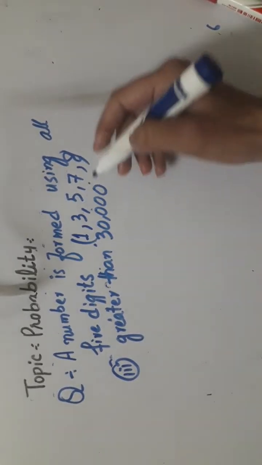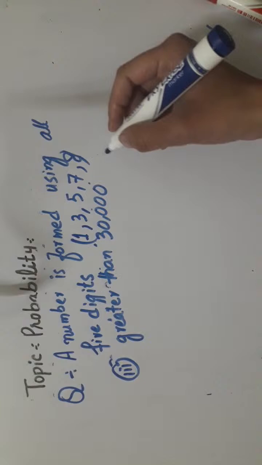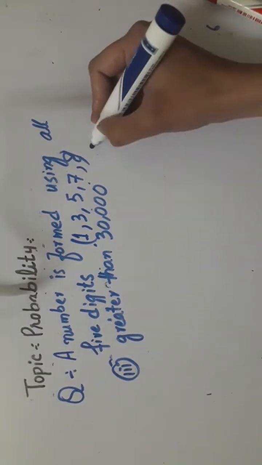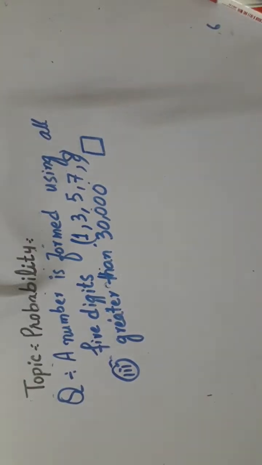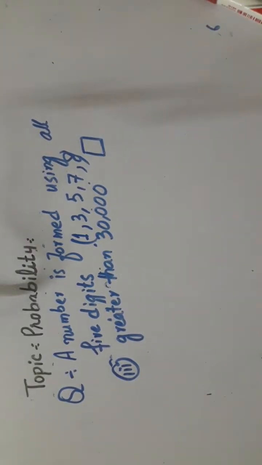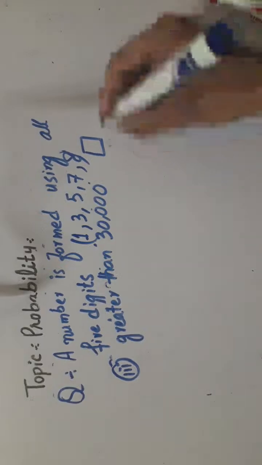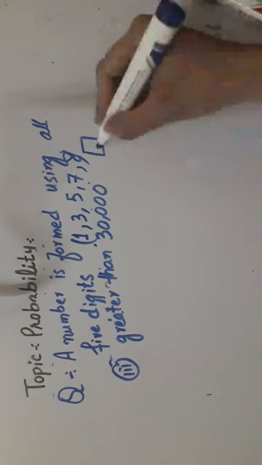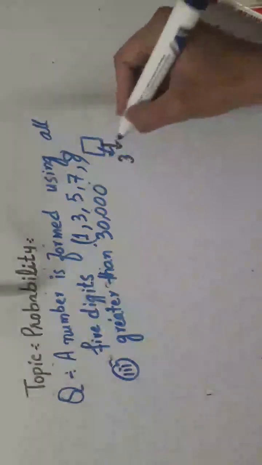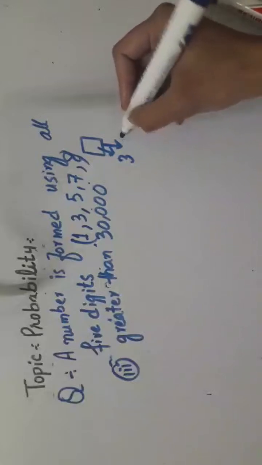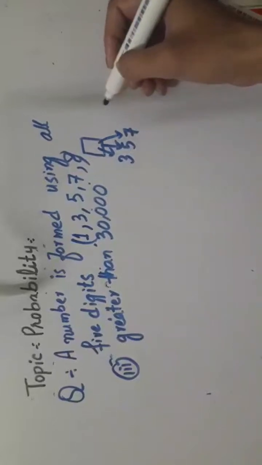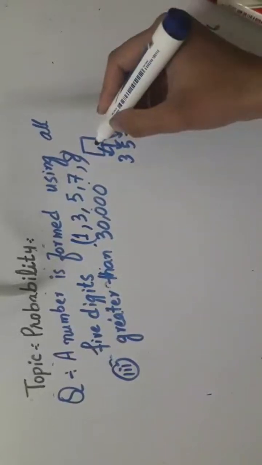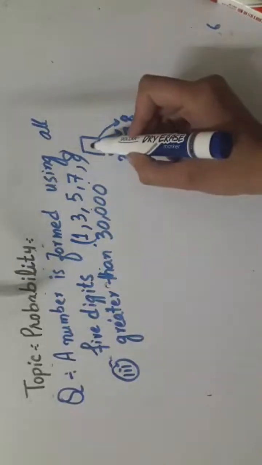Greater than 30,000 means you will fix the position of the first digit. It must be 3, must be 5, must be 7 or must be 8, but 1 cannot be used in the first digit.